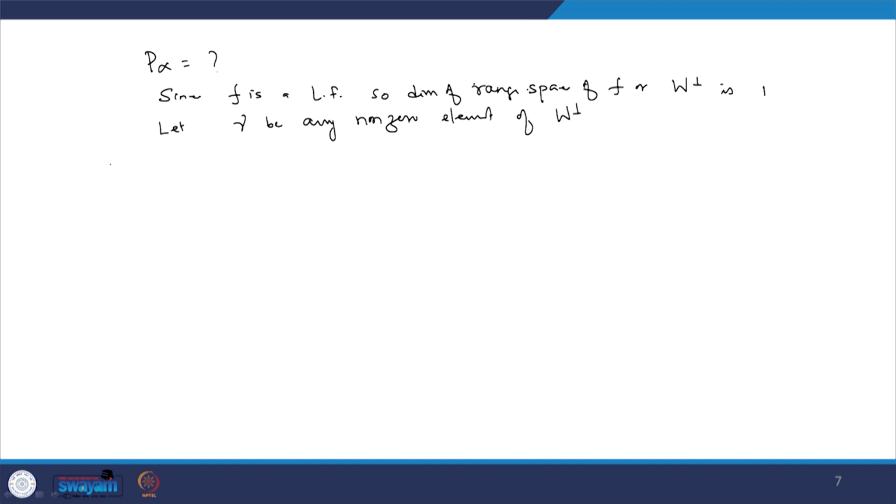So, this implies for any element alpha belonging to V, the orthogonal projection of alpha will be the best approximation.